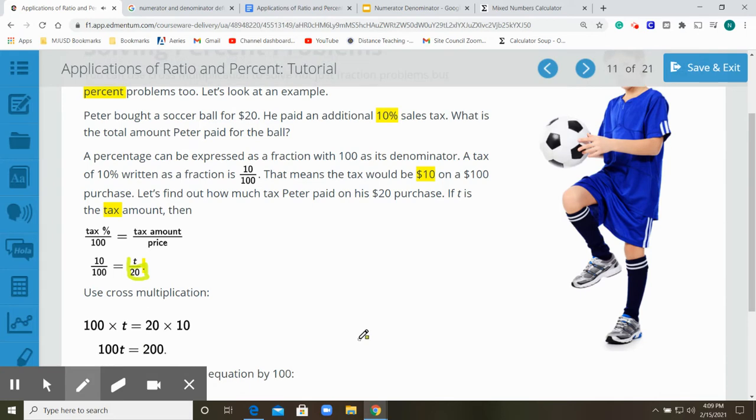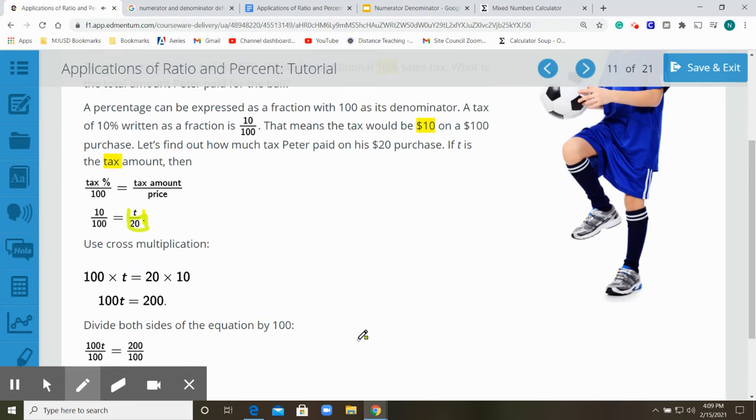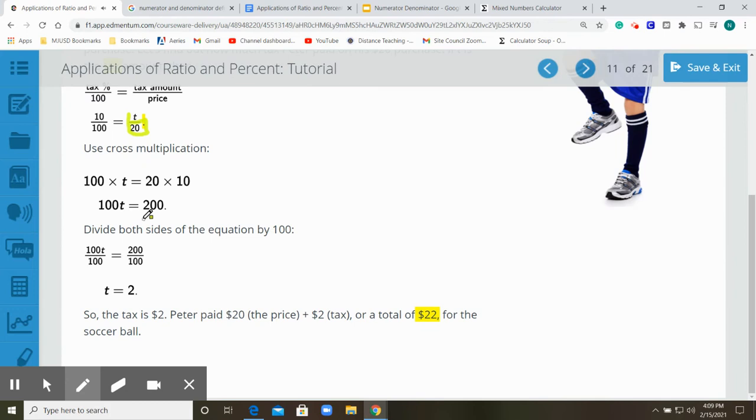If T is the tax amount, then tax percent over 100 equals tax amount over price. 10 over 100 equals T over 20. Use cross multiplication. 100 times T equals 20 times 10. 100T equals 200.